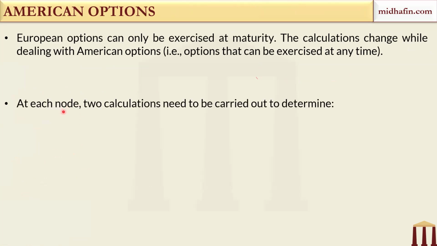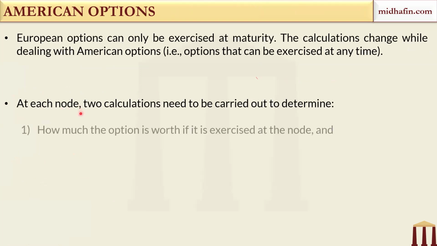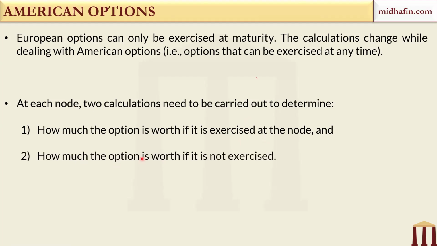At each node, we will have to do two calculations. We'll see how much the option is worth if it is exercised at that node. This is the payoff. And this is the same weighted average discounted value, how much the option is worth if it is not exercised.